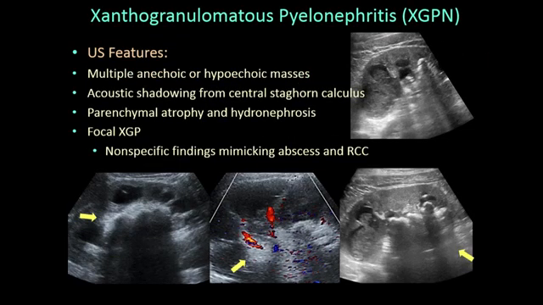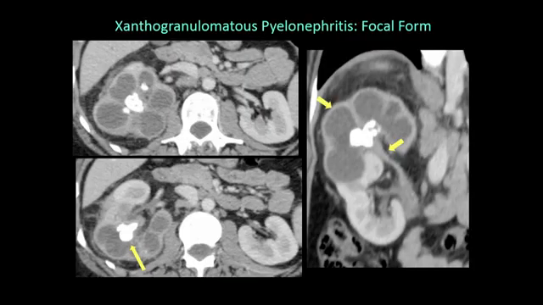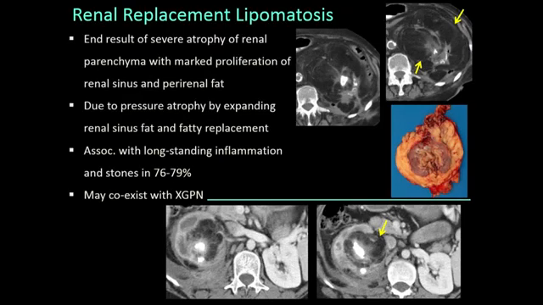We know what they look like on imaging: big staghorn calculus, blown out calyces from the atrophy and the parenchymal loss to it, and you can have either diffuse involvement or focal involvement. This is more focal involvement, where you can see the upper pole is involved. You can see a staghorn calculus in the upper moiety of this duplicated system, where there is blown out calyces, and this patient can be adequately resected partially from this chronic xanthogranulomatous pyelonephritis.